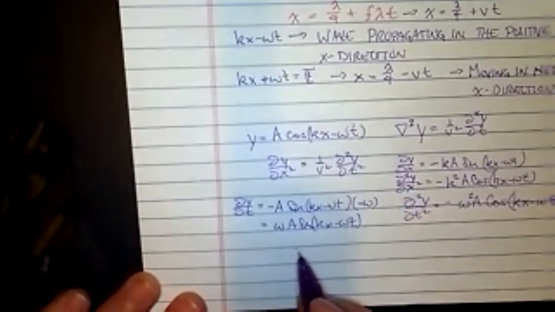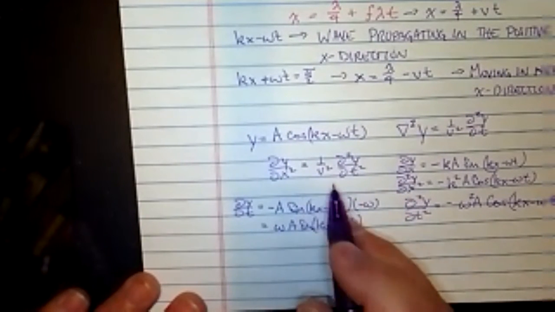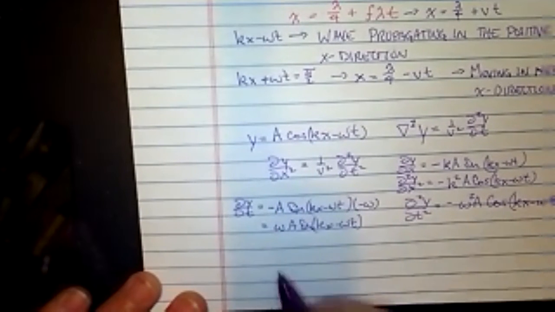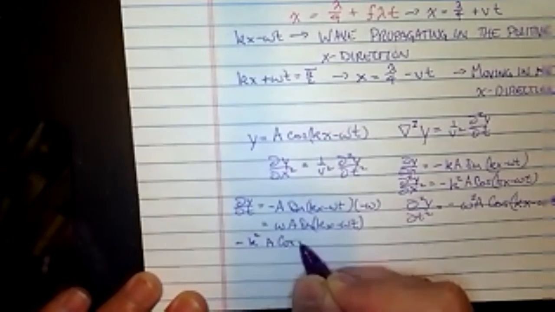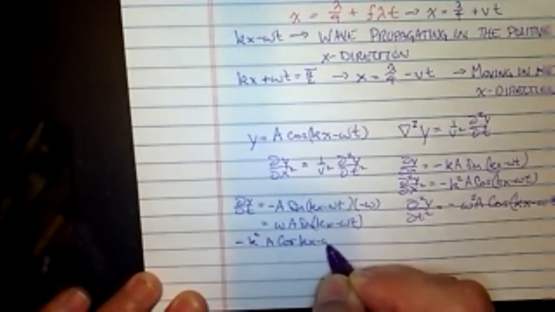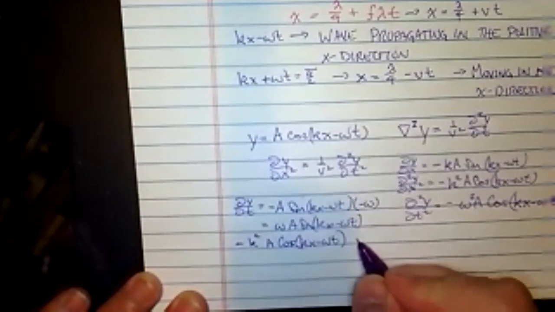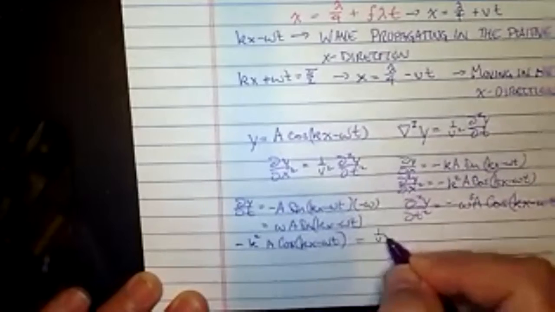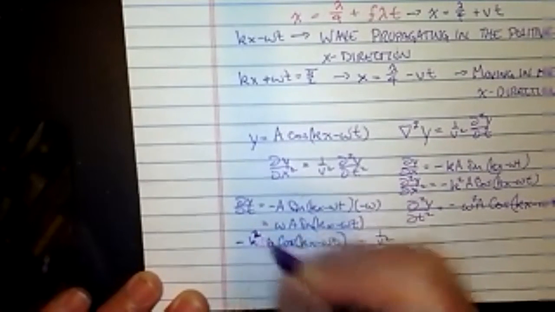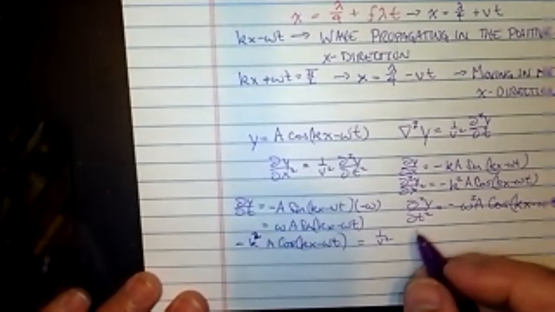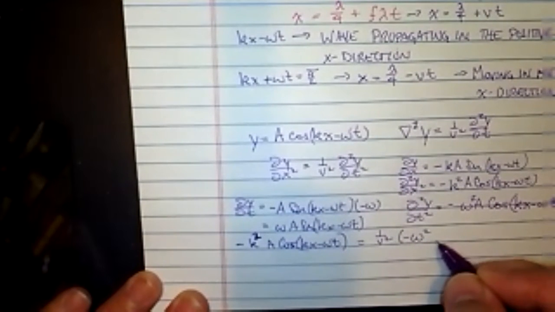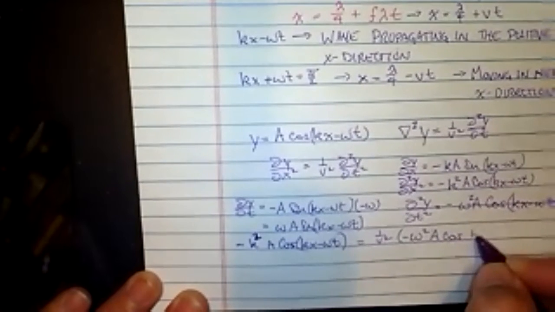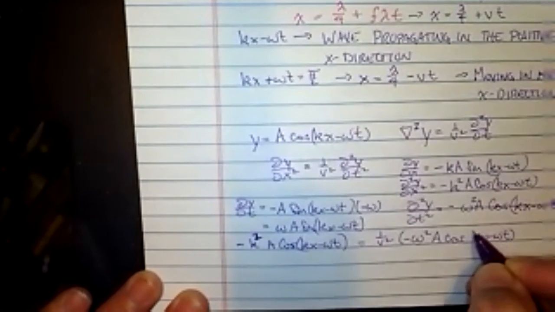Now if I plug these back into here, what you'll see is that the second derivative of y with respect to position is negative k squared a cosine of kx minus omega t, and that is equal to 1 over v squared times the second derivative of y with respect to time. That's going to be negative omega squared a cosine of kx minus omega t.